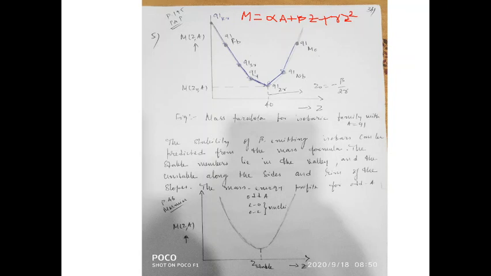You can see that if I plot a graph between M and Z, with delta 0 for odd A, this will be a parabola. Odd A means it could be an even-odd combination or an odd-even combination. We have only one parabola here.